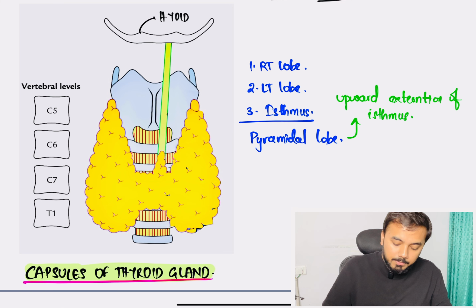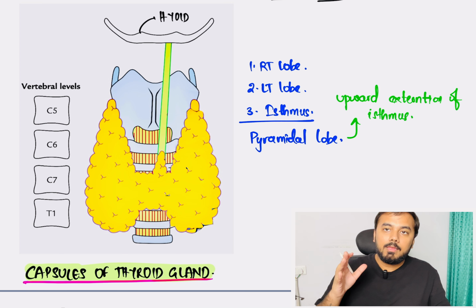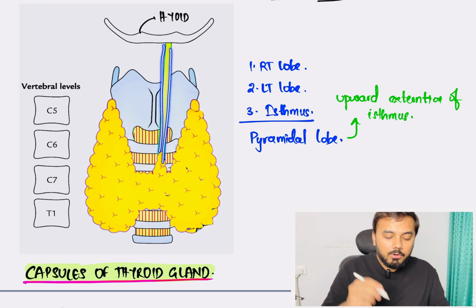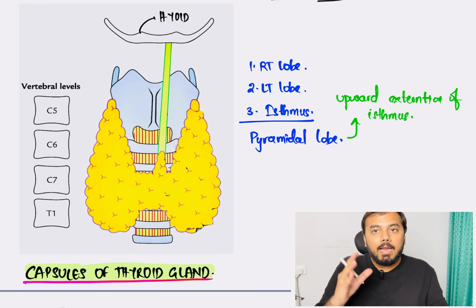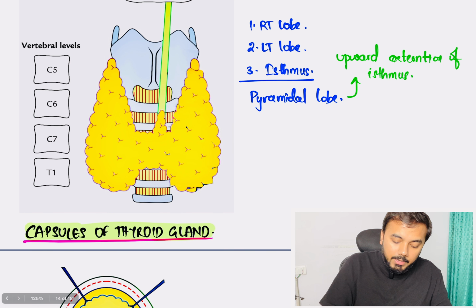This pyramidal lobe is connected all the way to the hyoid bone with the help of a band-like structure, a fibromuscular band here. This fibromuscular band is called the levator glandulae thyroidae. Let me write it down over here.